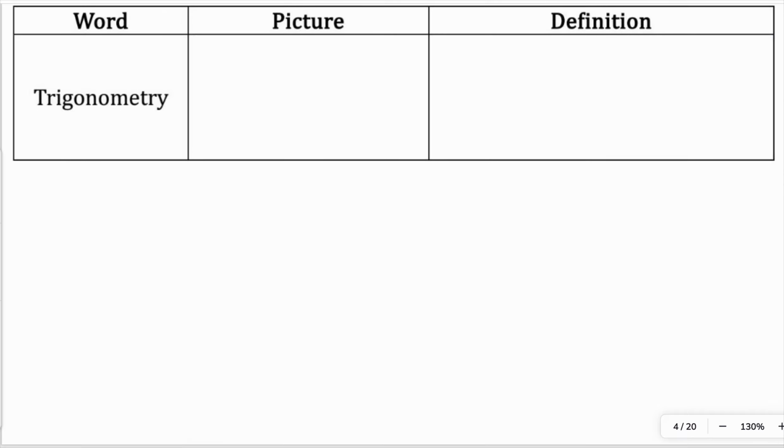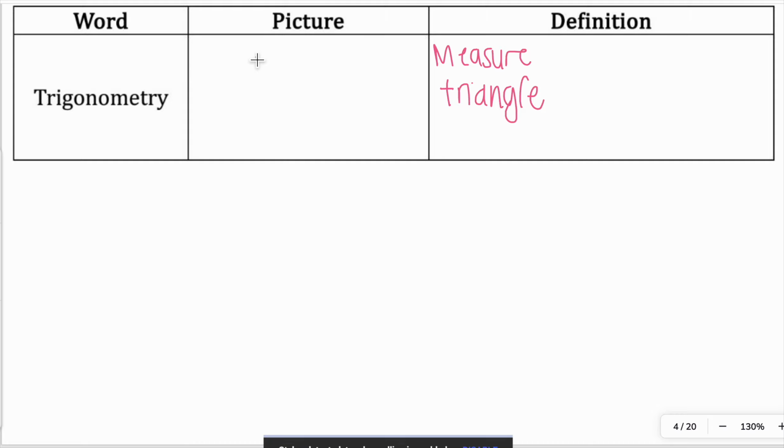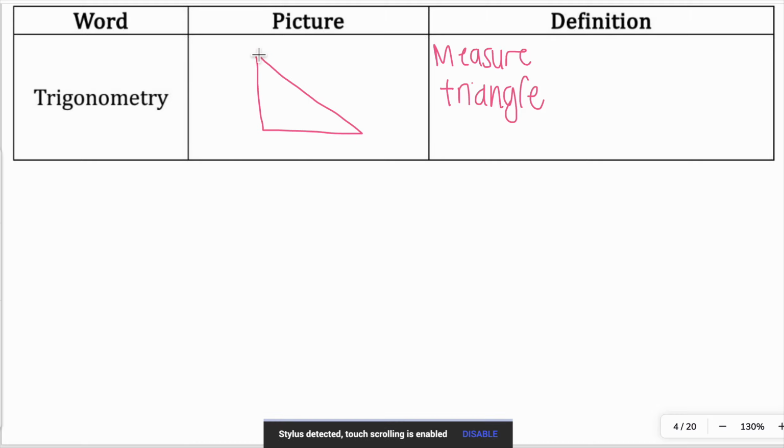I looked up the definition of trigonometry, and basically it comes down to measuring triangles. So the trigonometric ratio helps us find the measure of triangles. Today we're going to be working with right triangles.